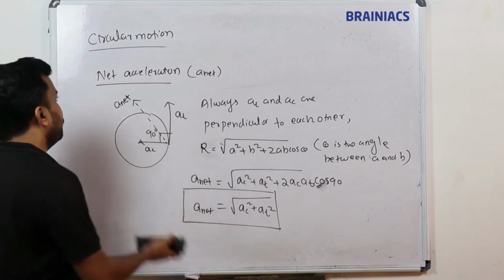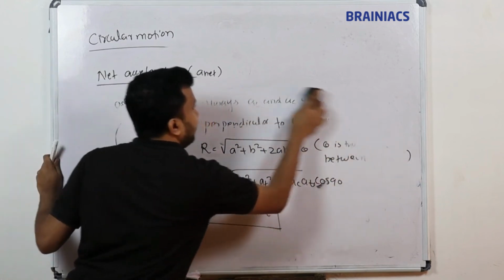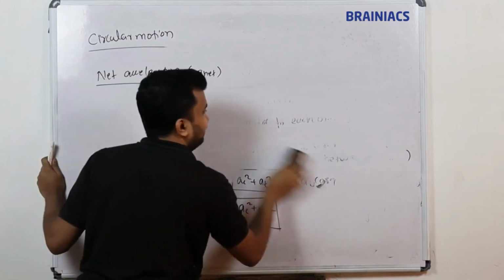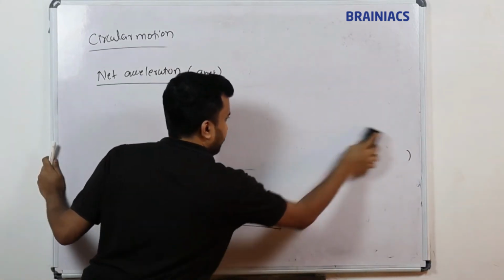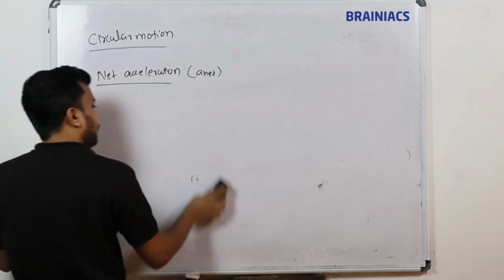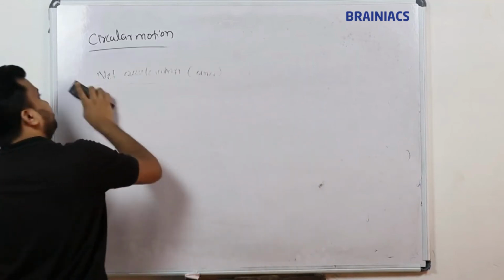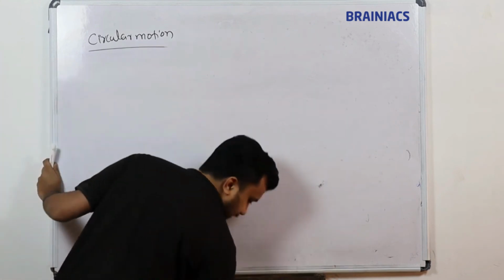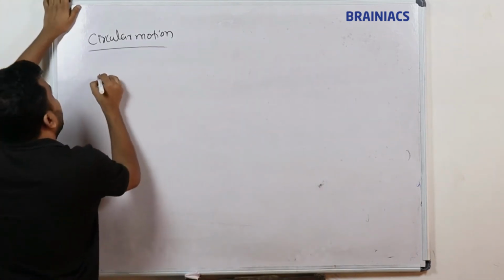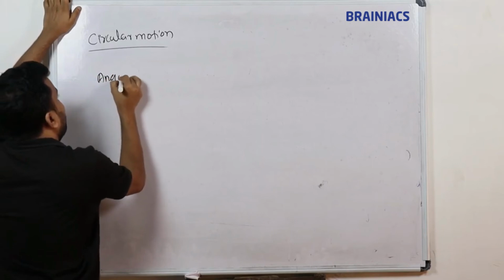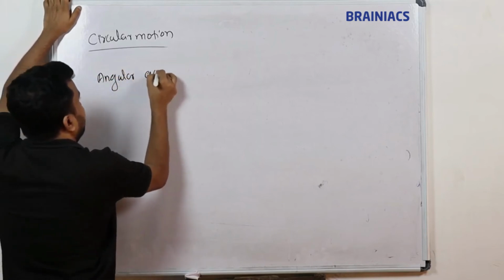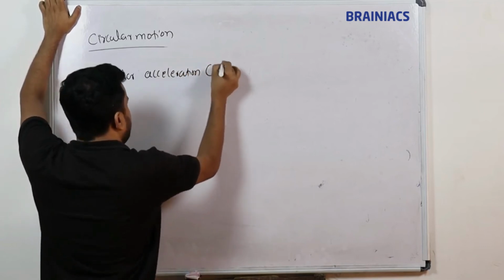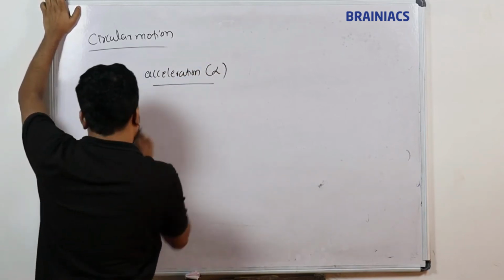So we are moving to the next term. Net acceleration, tangential acceleration, centripetal acceleration. Next one, final term, angular acceleration, represented by the letter alpha.